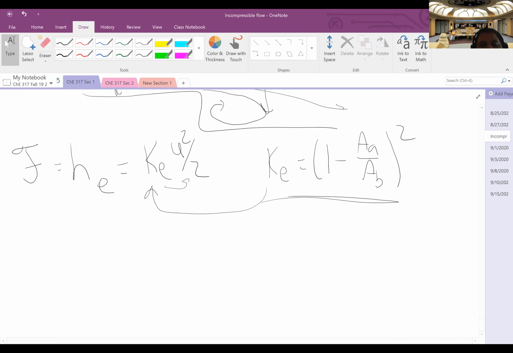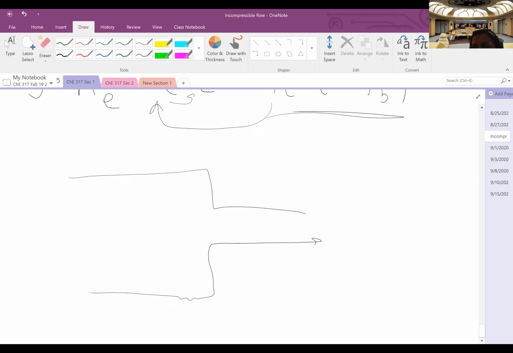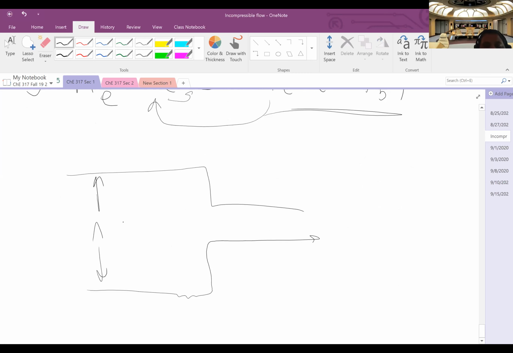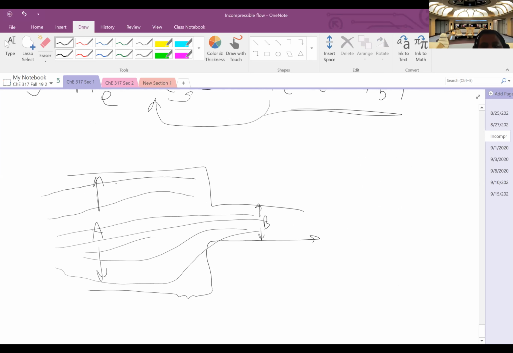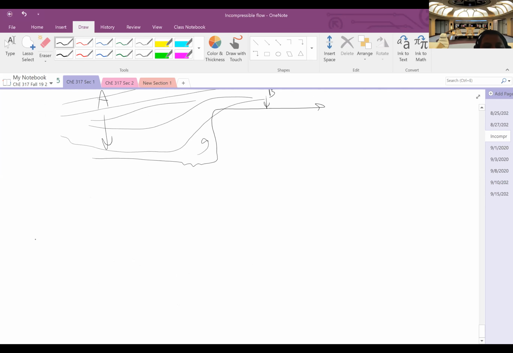Now, if we were looking at contraction, something similar would occur, where now we have flow section A, flow section B, and we're going to have flow that's going to essentially be compressed, which means you're going to have vortices occur on this side, which, if we quantify, we get a contractional loss, which follows the same pattern.